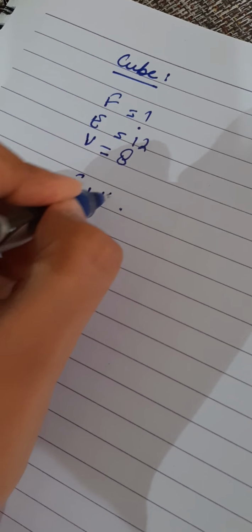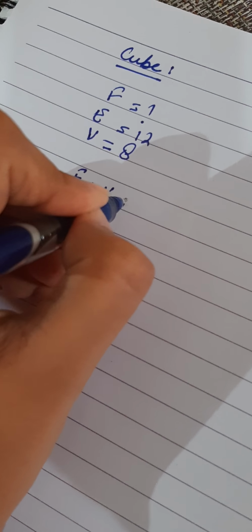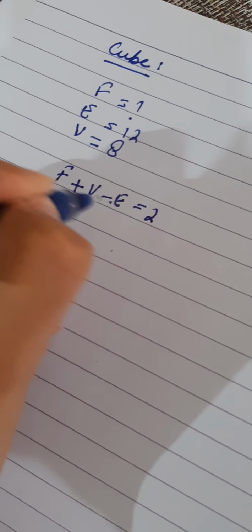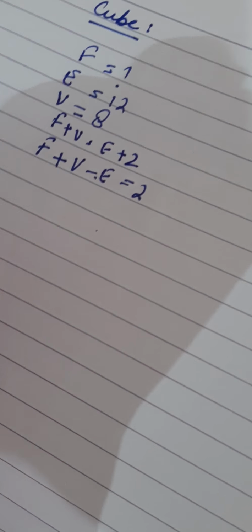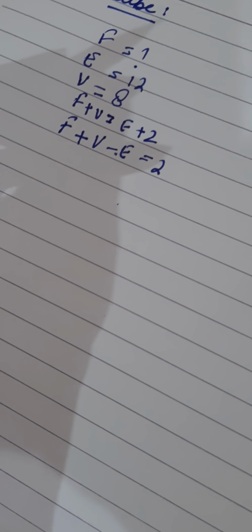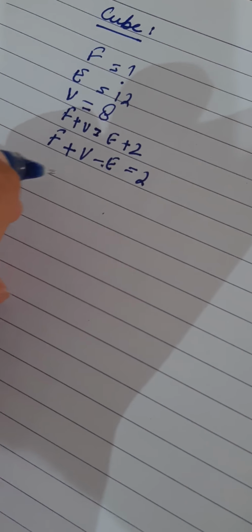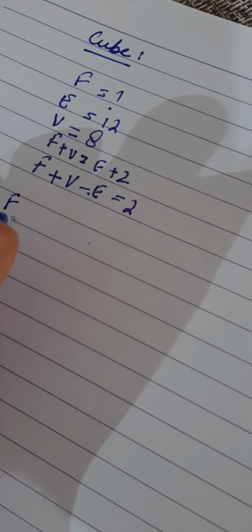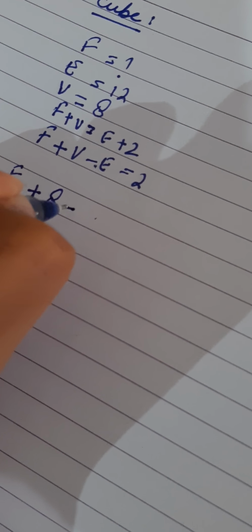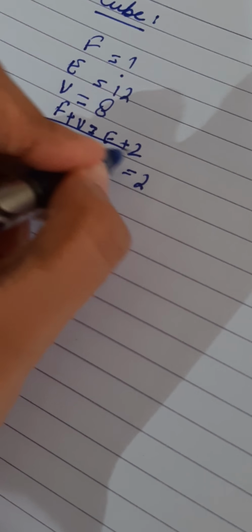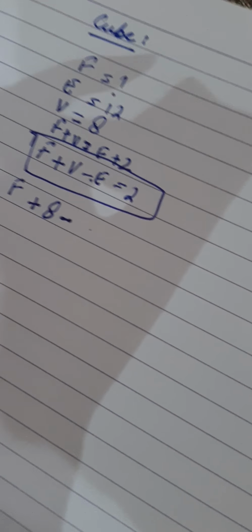Again the formula F plus V minus E equals 2, or the other way, F plus V equals E plus 2. It can be done both ways. Okay, so we don't know F, so we are going to write it as it is. V is 8 over here. We are using this formula, alright? Don't confuse yourself.